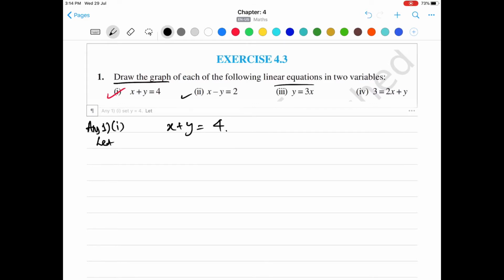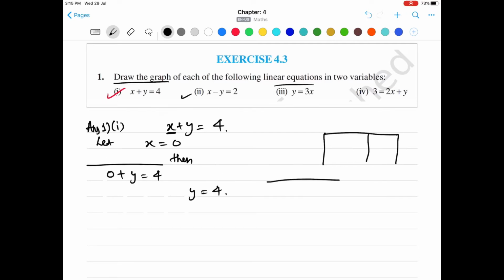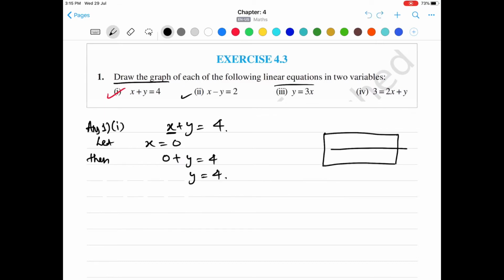So let x equal 0. Then our equation will become, at the place of x we'll write 0 plus y equals 4, hence y will be equal to 4. So one solution of this equation will be, we'll write the x value 0 and y here.